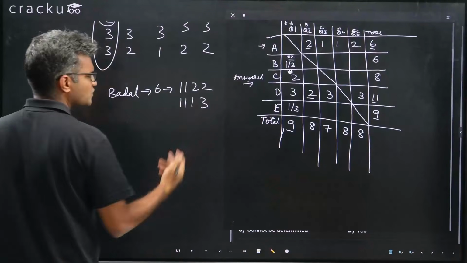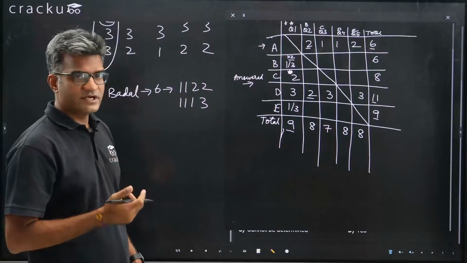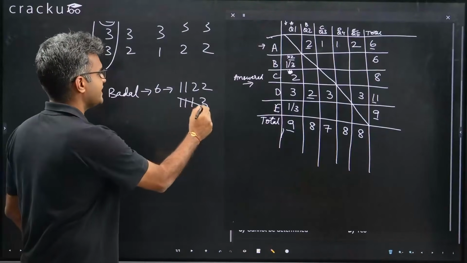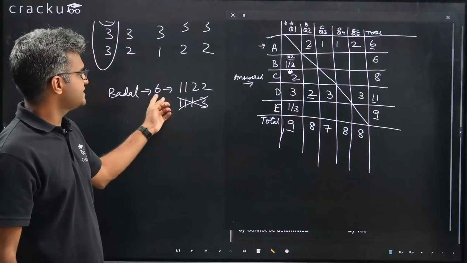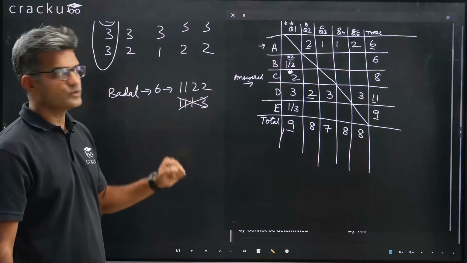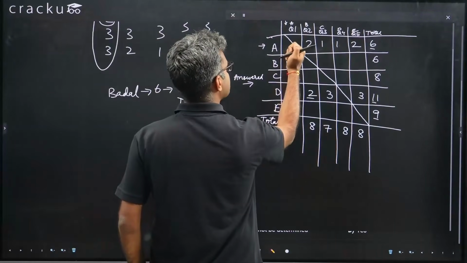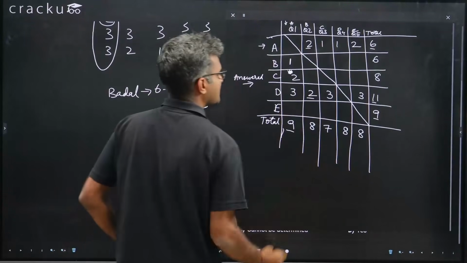These are the only 2 ways in which he can get a total of 6. But we know that nobody gave more than 2 yes. That is, in no row can we have 3 ones. This would essentially imply that 6 has to be 1, 1, 2, 2. It cannot be a 3. So we can immediately infer over here that this has to be 1 and this has to be 3.